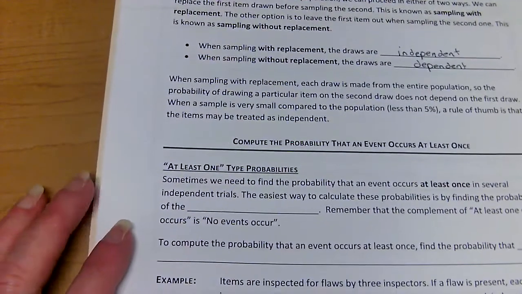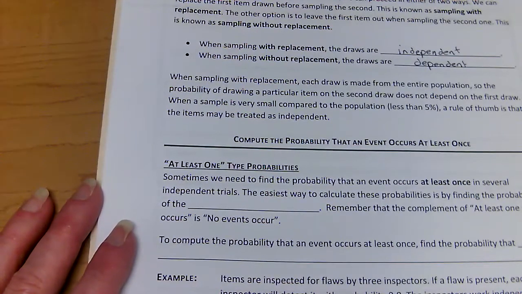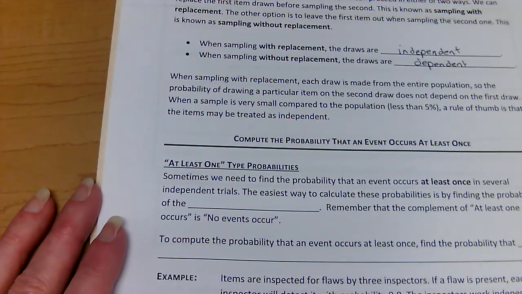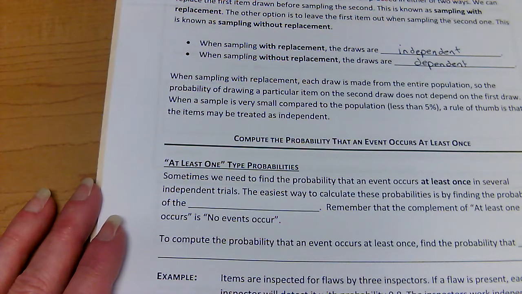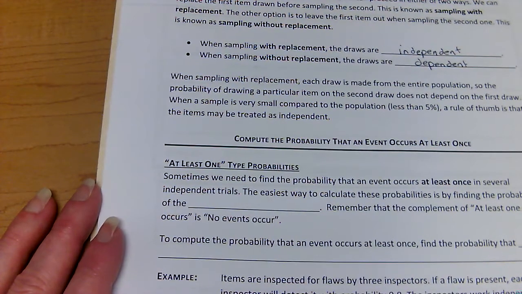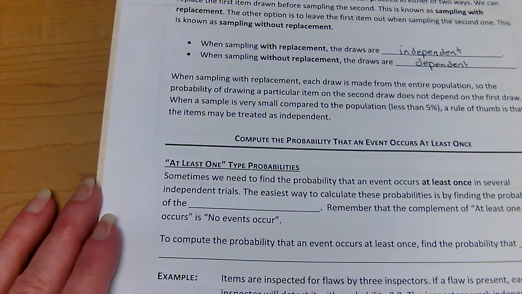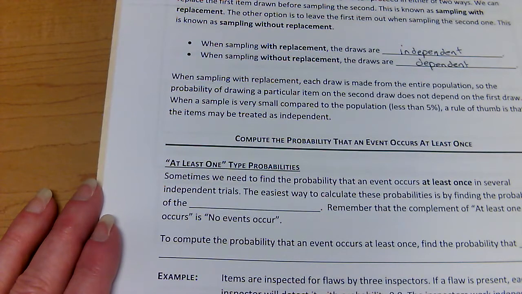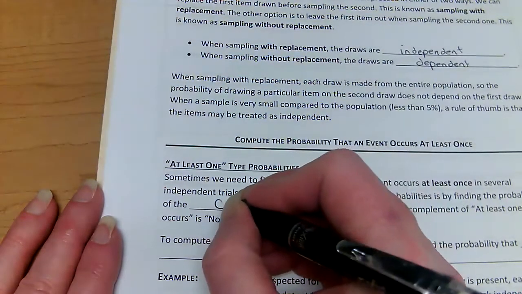So let's also look at at least one type probabilities, because this one gets kind of tricky sometimes for people. Sometimes we need to find the probability that an event occurs at least once in several trials. Now, that can take some work sometimes, but the easiest way to calculate these probabilities is by finding the probability of the complement.